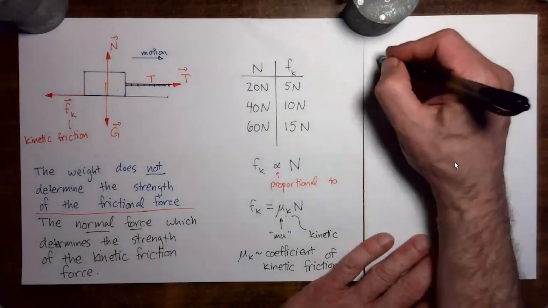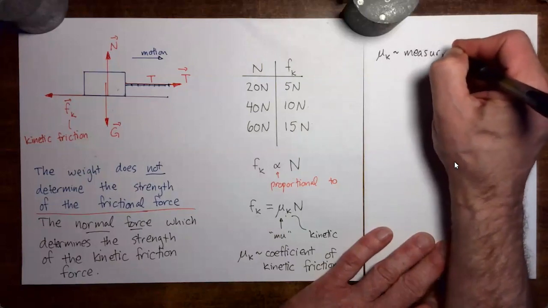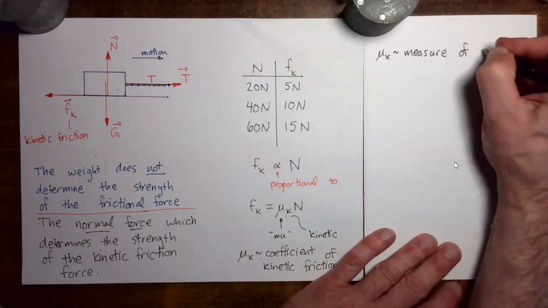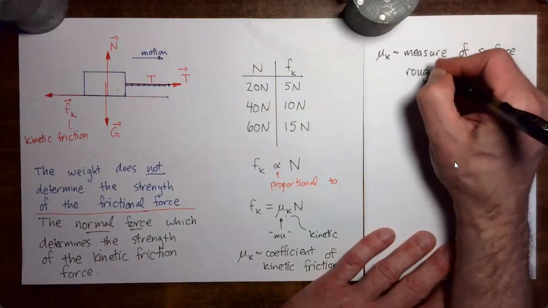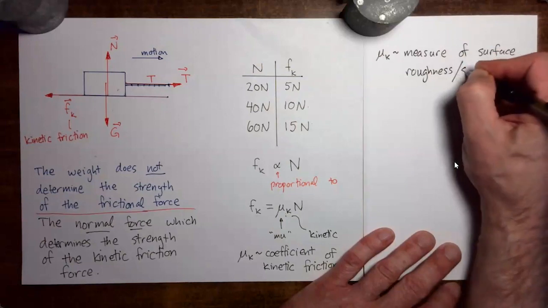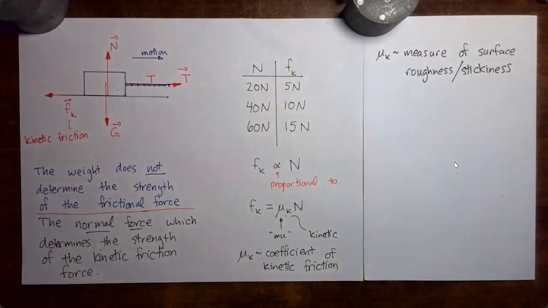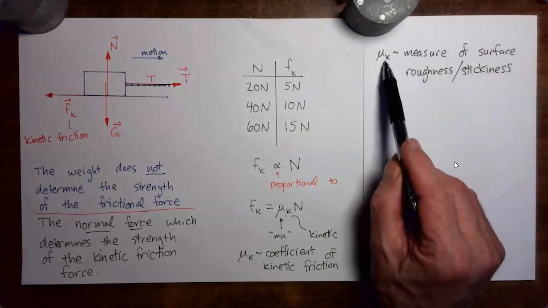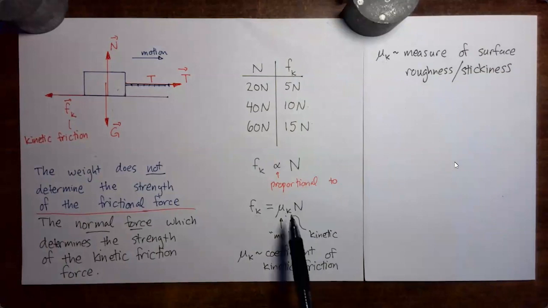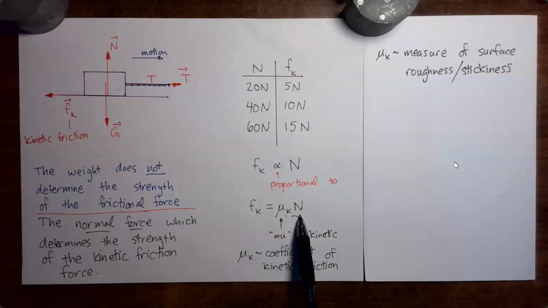So we can think of the coefficient of kinetic friction as a measure of the roughness or stickiness of the surface. Okay, so rougher or stickier surface gives you a bigger coefficient of kinetic friction. Bigger coefficient of kinetic friction means you have a stronger frictional force for the same normal force.